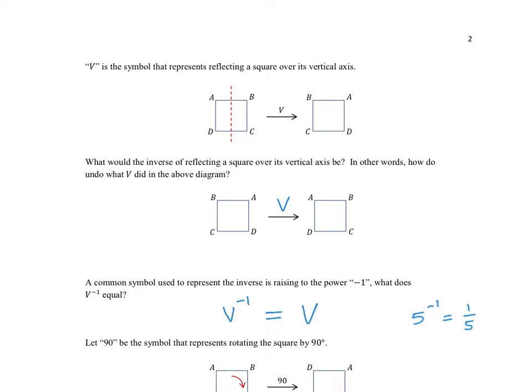We have to think of this symbolism here as just meaning undo it, or more formally, take the inverse. So we don't think of 1/V. That doesn't make any sense in this particular context.